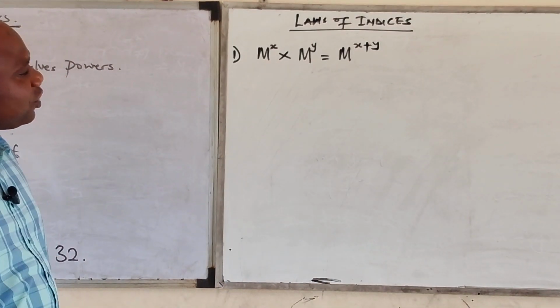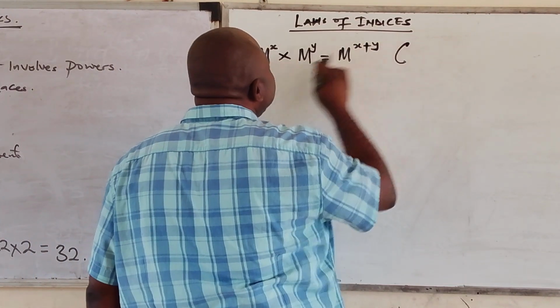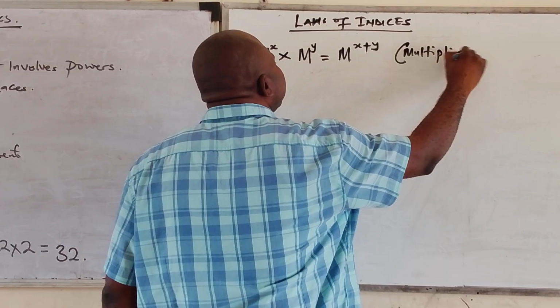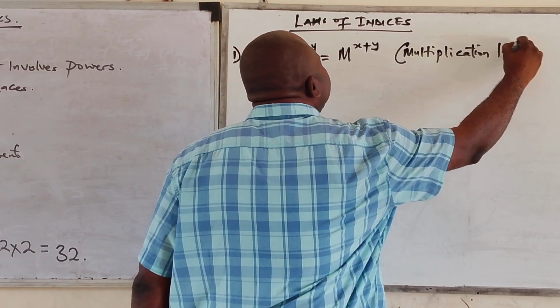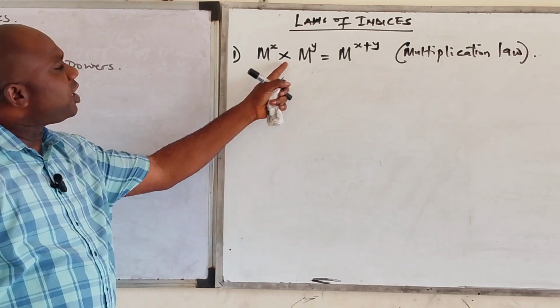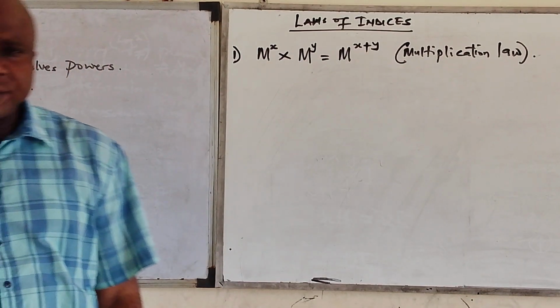We call this the multiplication law of indices. That m raised to the power of x times m raised to the power of y is the same thing as m raised to the power of x plus y.